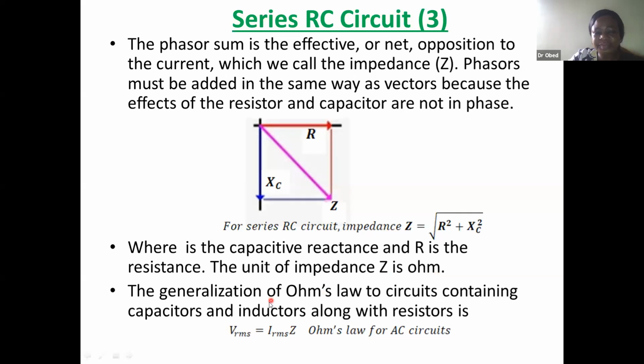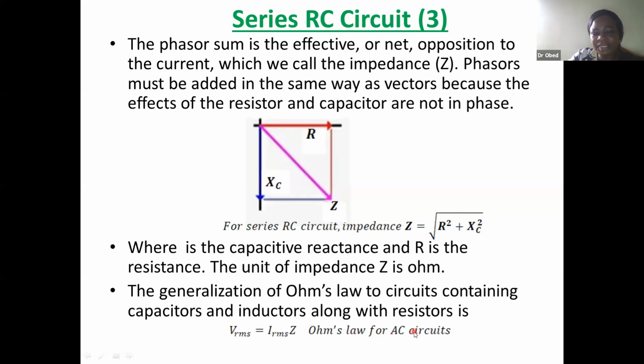The generalization of Ohm's law to circuits containing capacitors and inductors along with resistors is given by this equation: Vrms is equal to Irms times Z, the product of current and the impedance. So this is Ohm's law for AC circuits.